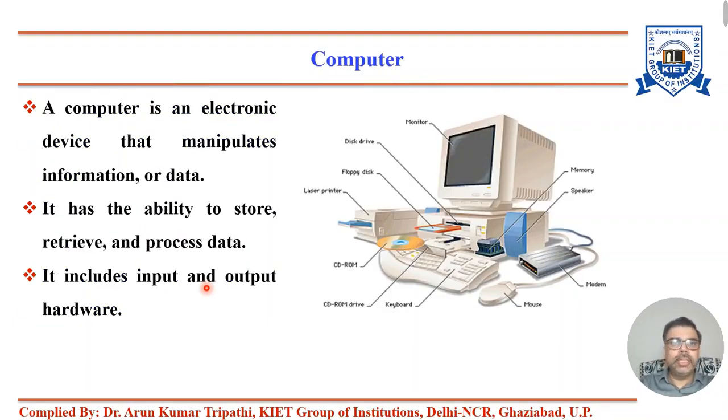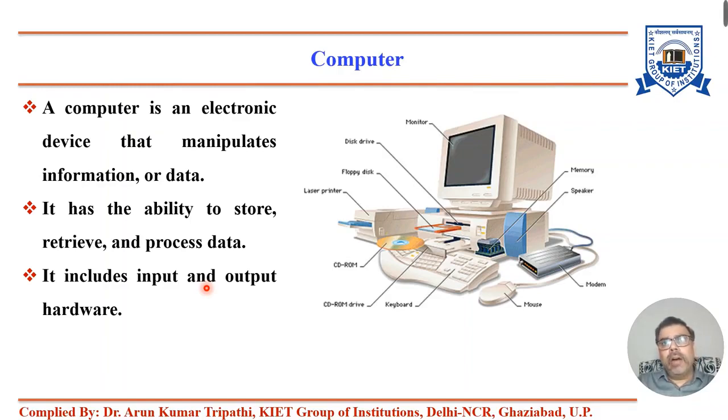A computer is basically hardware that takes some input, processes it, and produces some output. The input may be taken from internal or external devices, an internal device such as a hard disk, or an external device such as a scanner, pen drive, or any other machine.